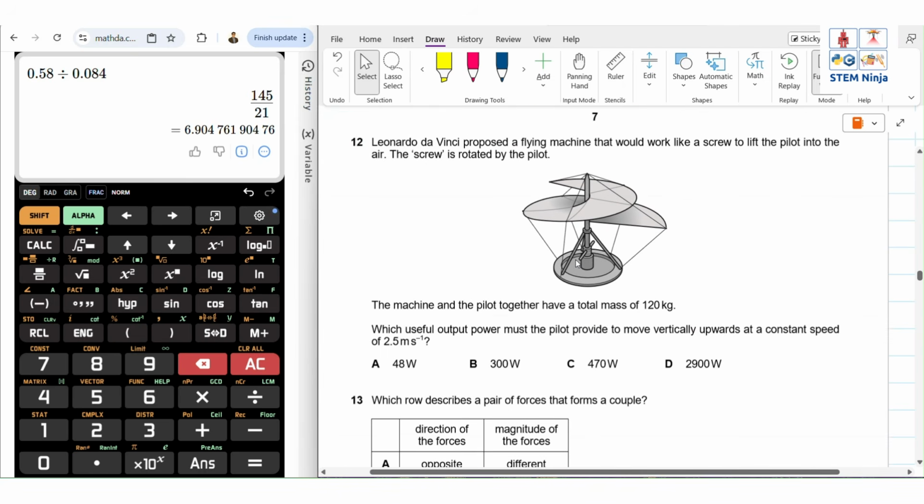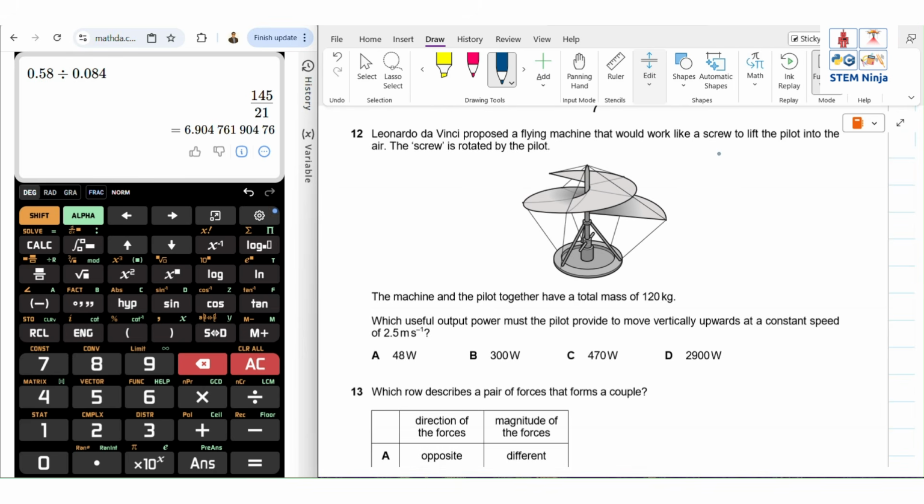Leonardo da Vinci proposed a flying machine that would work like a screw to lift the pilot into the air. The screw is rotated by the pilot. The machine and the pilot together have a total mass of 120 kg. What useful power output must the pilot provide to move vertically upwards at a constant speed of 2.5 meters per second?